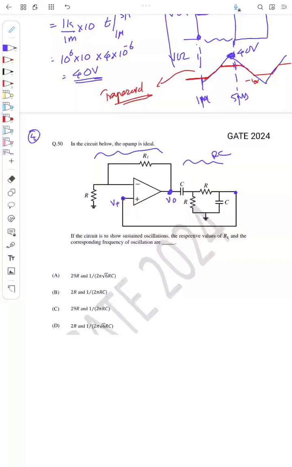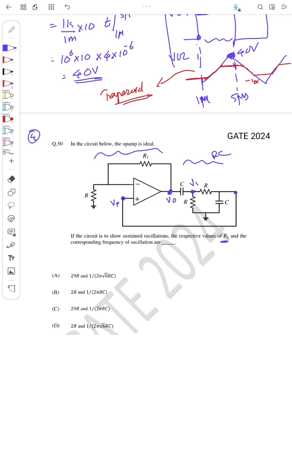So I need to find the frequency of oscillation and the corresponding respective value of R1. So how to find? We'll find the value of oscillation first. So to that we need to find the omega value from this RC network. Okay. So let this voltage be V1 at this node V1.